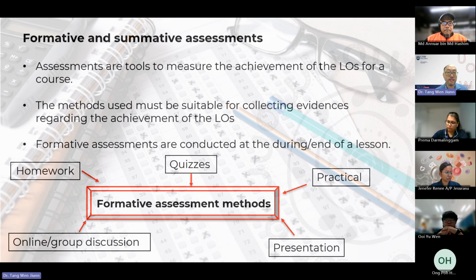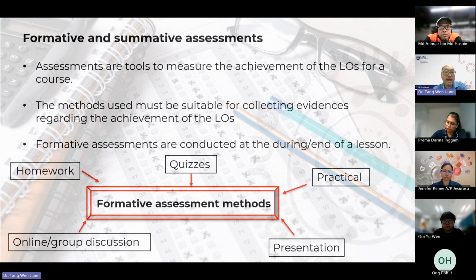So what's the difference here? So the general application: why do we have this assessment? Basically, we want to measure the attainment of the LOs. The best way to measure the attainment is by giving them a certain kind of test or assessment.